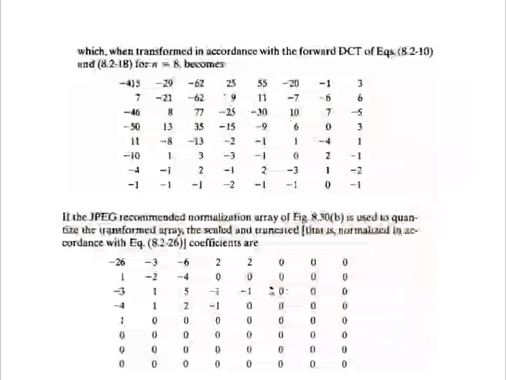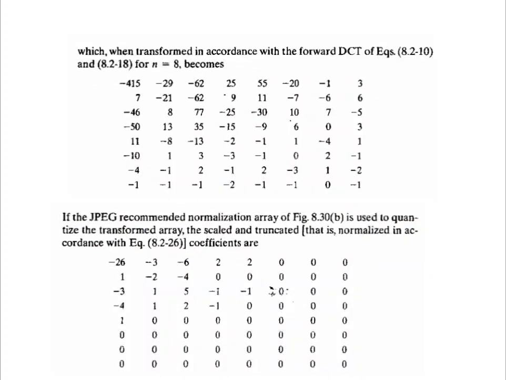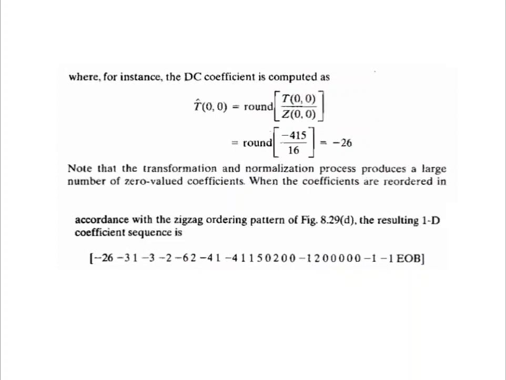Note that the transformation and normalization process produces a large number of zero-value coefficients. When the coefficients are reordered in accordance with the zigzag ordering pattern, the resulting 1D coefficient sequence is minus 26, minus 3, 1, minus 3, minus 2, minus 6, 2, minus 4, 1, minus 4, 1, 1, 5, 1, 2, minus 1, 1, minus 1, 2, 0, 0, 0, 0, 0, minus 1, minus 1, EOB, where the EOB symbol denotes the end-of-block condition.